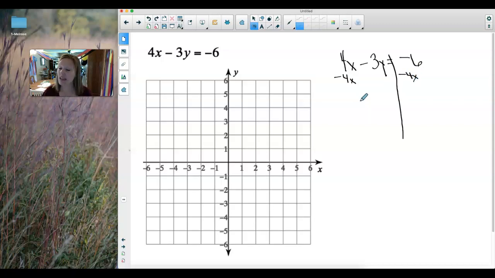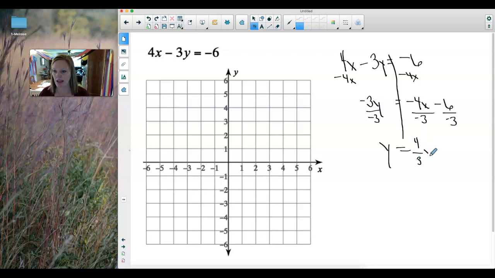Be careful with the negative here: negative 3y equals negative 4x minus 6. Then we have to get y by itself, so we're going to divide by negative 3. Remember, you have to divide everything by negative 3. So we have y equals, negative divided by negative is positive, so we could just write 4 over 3 x plus, negative divided by negative is positive, 6 divided by 3 is 2.